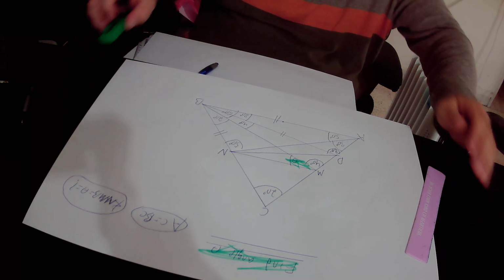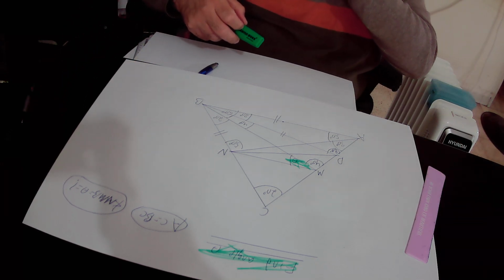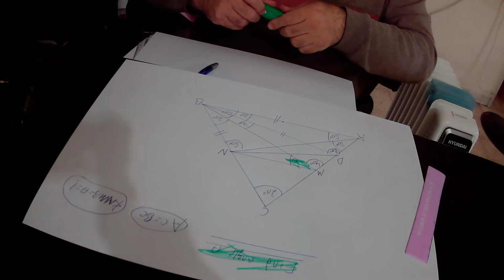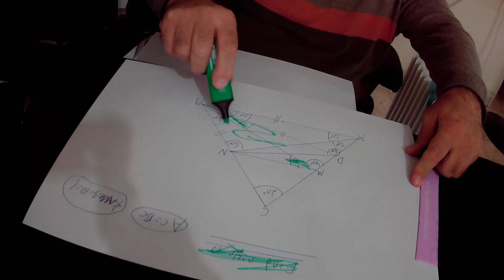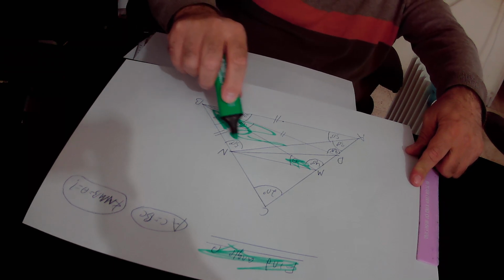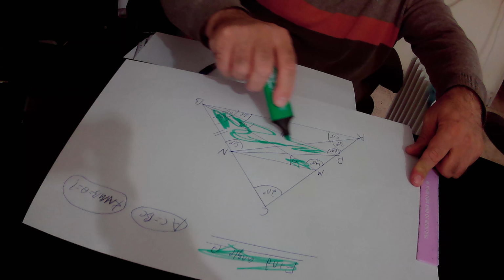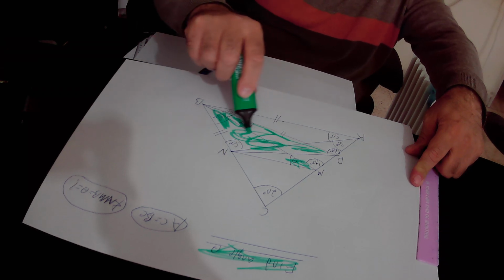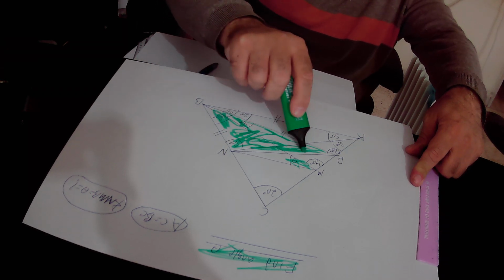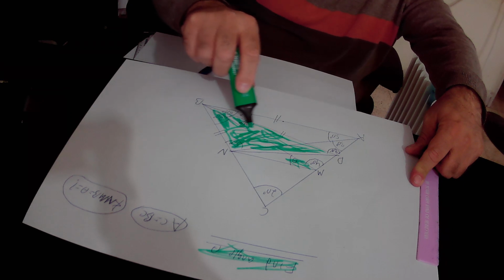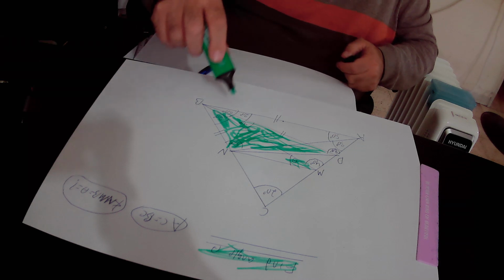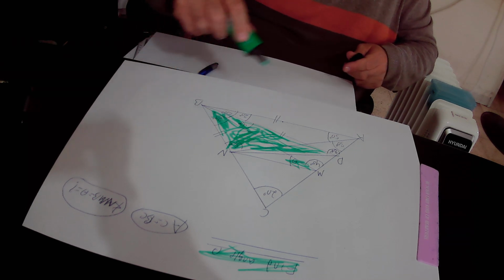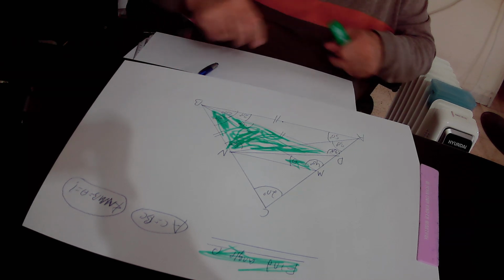We will focus on the green triangle DNB. So I'll copy the green triangle DNB. In the new page we will analyze it.